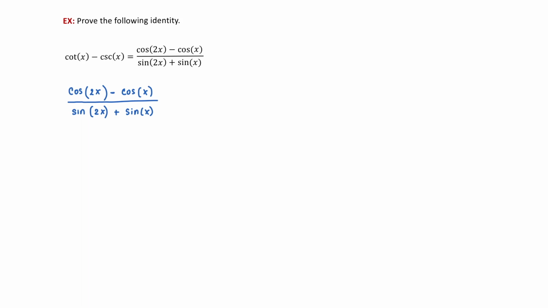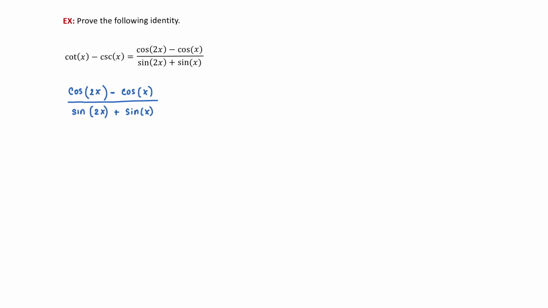Now I notice that right here, I have cosine of 2x and sine of 2x. So perhaps I can use that double angle identity. So I can now replace these terms with an identity. Now, in the numerator, since I have cosine here on the right, I am going to use the double angle identity for cosine that only involves cosine.